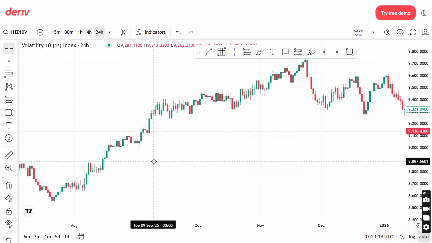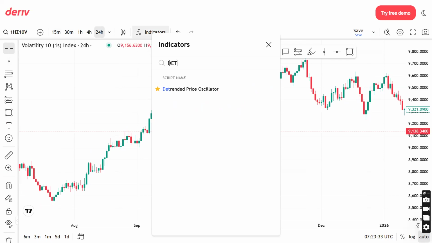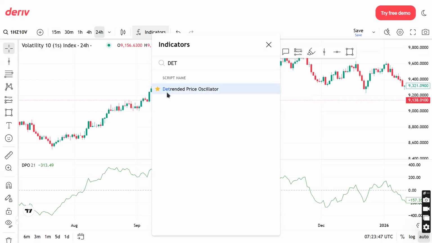And we said the first tool we are using to identify the trend is what? The detrended price oscillator, isn't it? So I'm just going to click on indicators and search for detrended. If I just type DET, you can see it over here. You can put it as favorite so that anytime you want to access it, you can always have it there. So the detrended price oscillator.